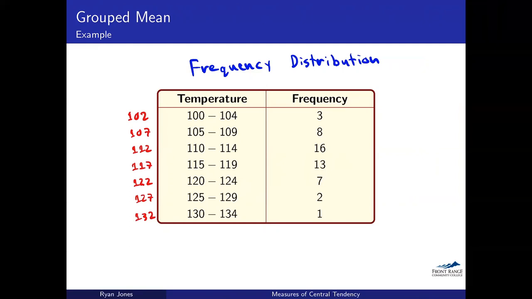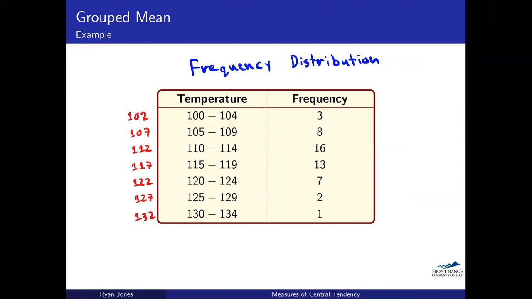And what I can do, this isn't perfect, but it's a lot faster, is pretend as though there were 3 102s. Obviously, that's not exactly the case. There are 3 data points that are in the range of 100 to 104.